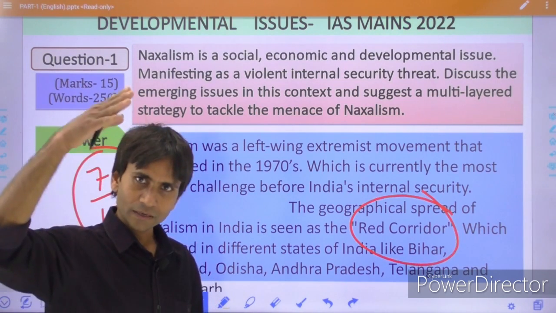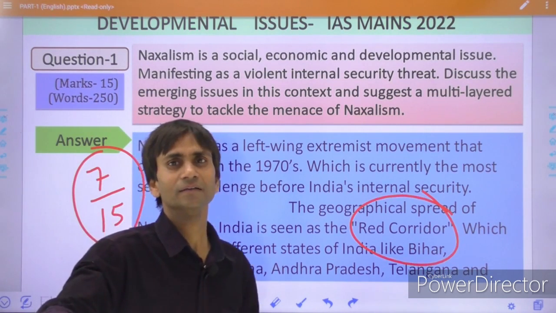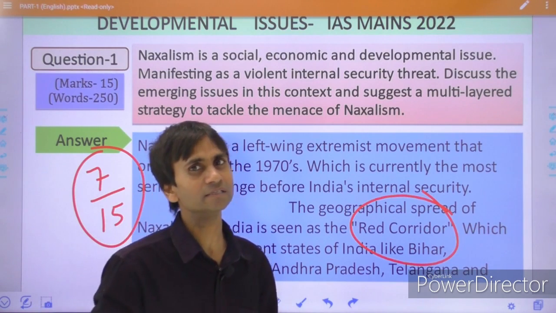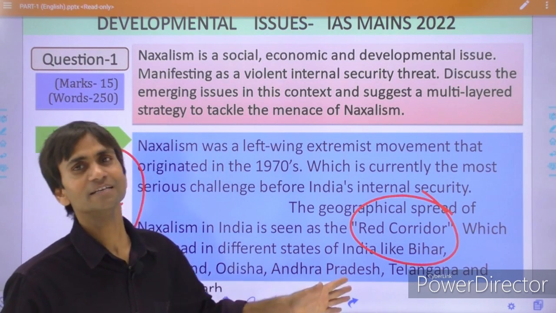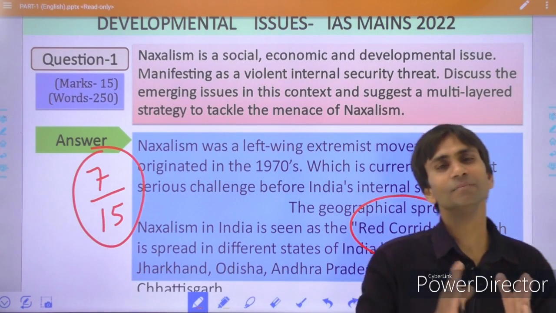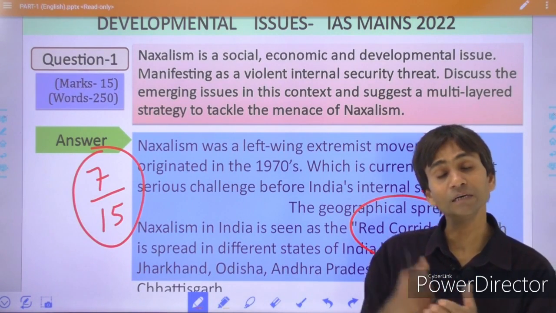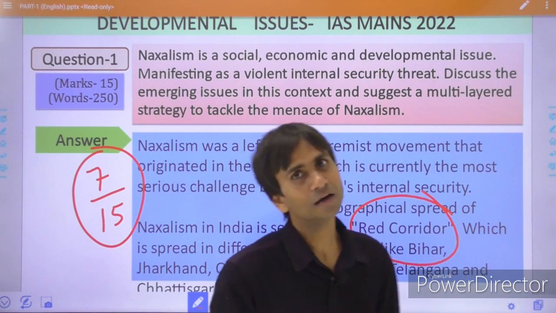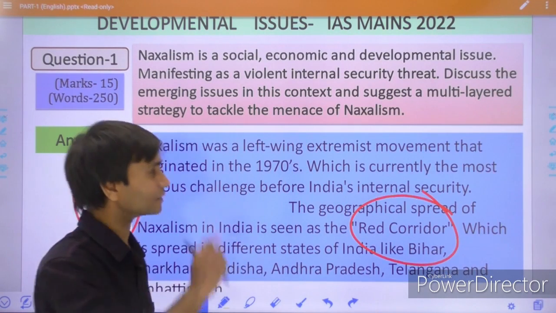But on that front there is the least scope of violence, whereas Naxalism is closely associated with violence, so it becomes an important threat before the country. You should explain it this way.